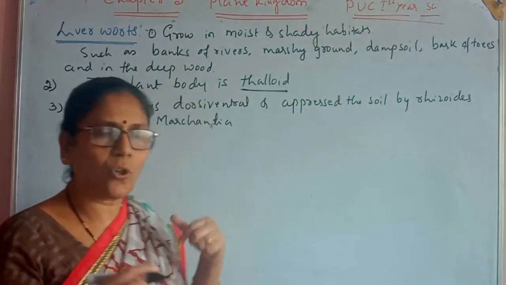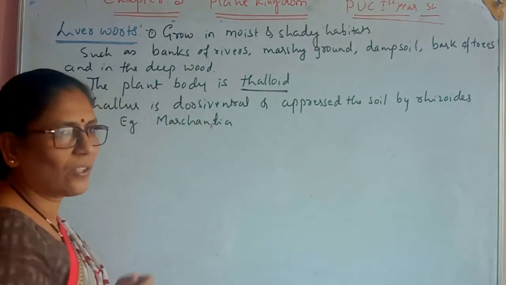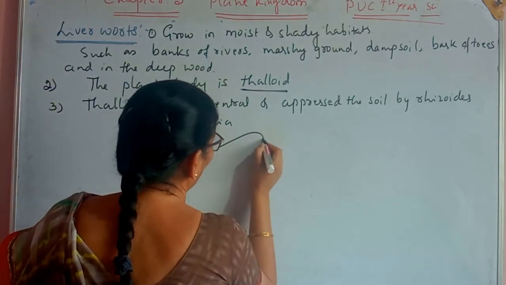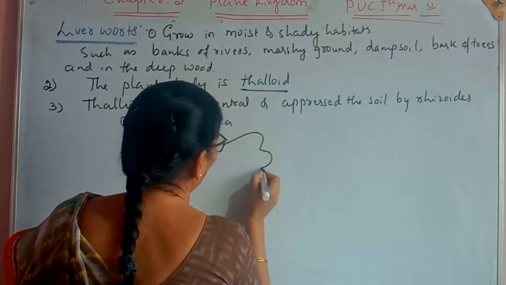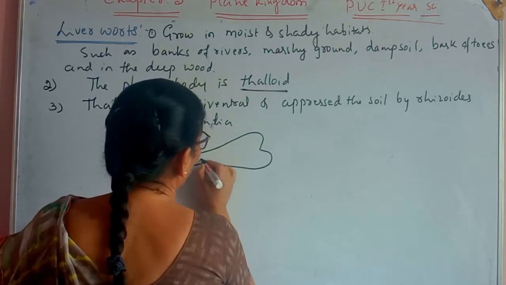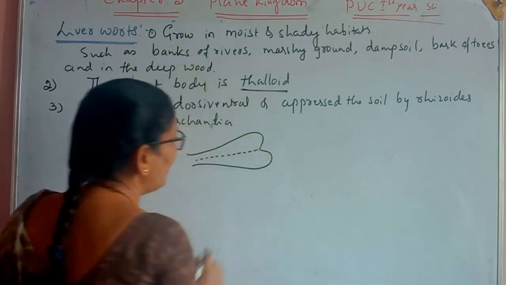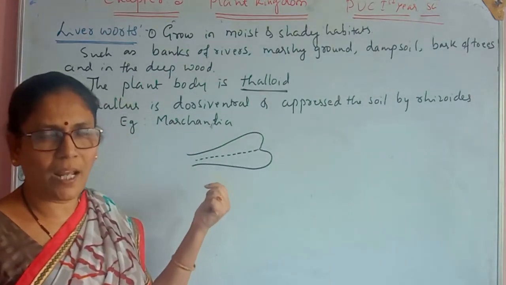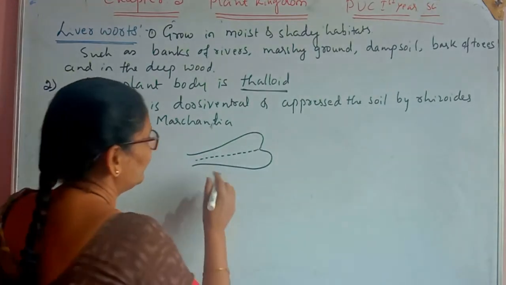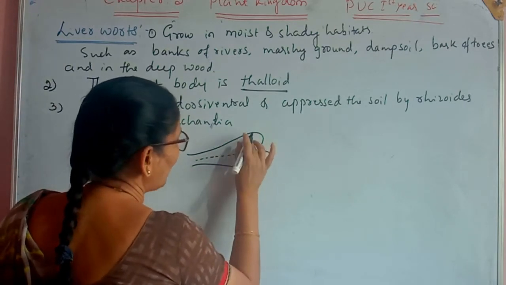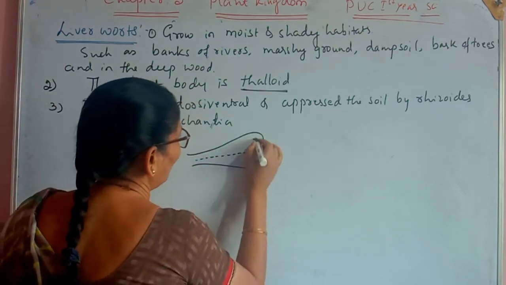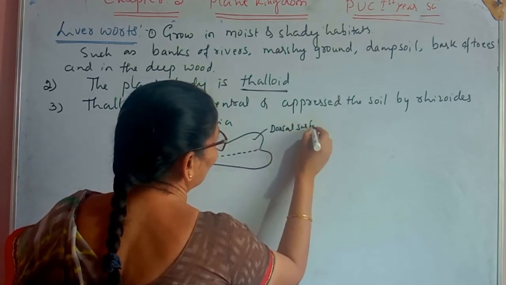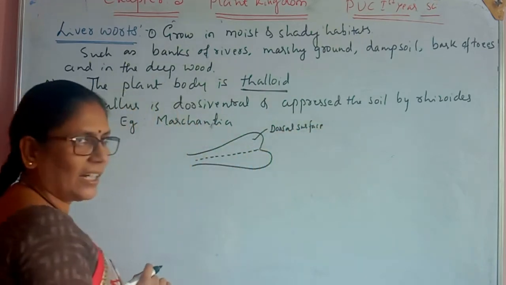Here I am going to draw a simple diagram of the thallus of Marchantia. So this is the midrib. Riccia and Marchantia have a dichotomously branched structure. And this is the upper surface, or we may call the dorsal surface, which is green in color.